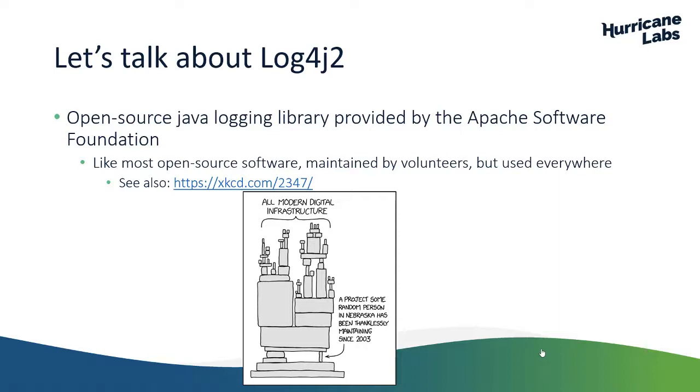And that's the story of Log4j2 here, in that it is an open source project that has only been maintained by a handful of people and is used across enterprise networks all over the world.